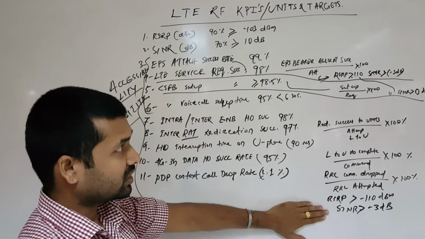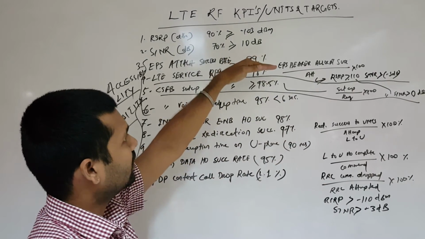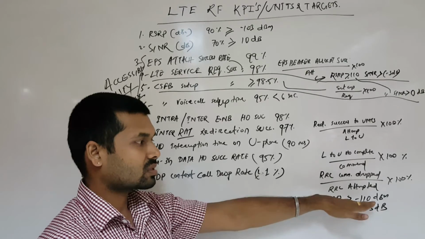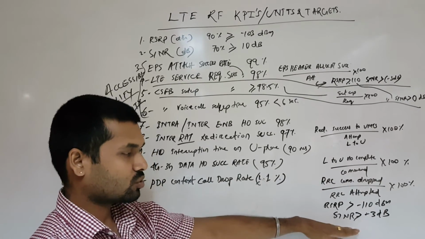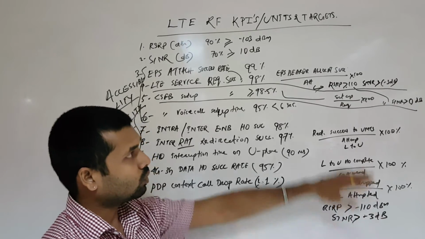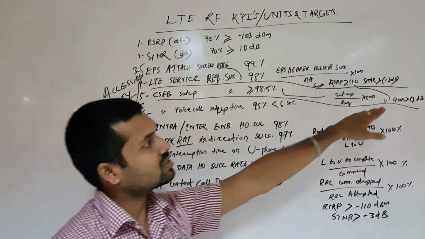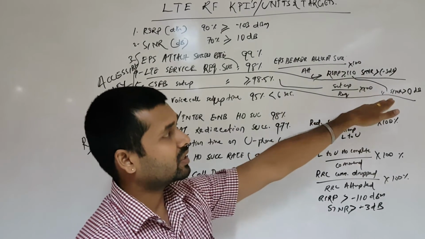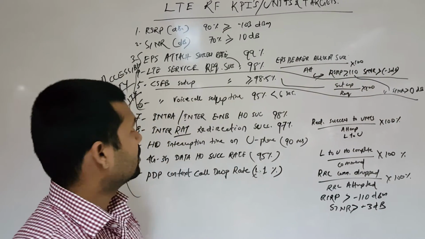Radio conditions are the same as LTE service request: RSRP greater than minus 110 dBm and SINR greater than minus 3 dB. Only in case of CSFB, the SINR is a little bit better, greater than 0 dB.